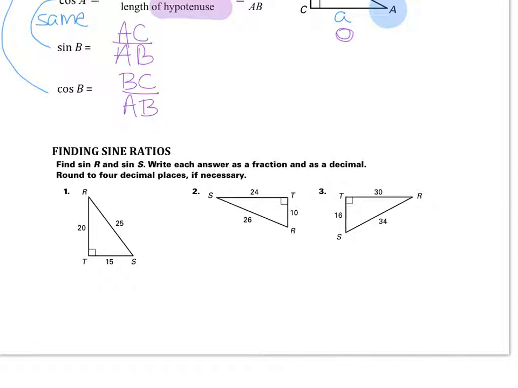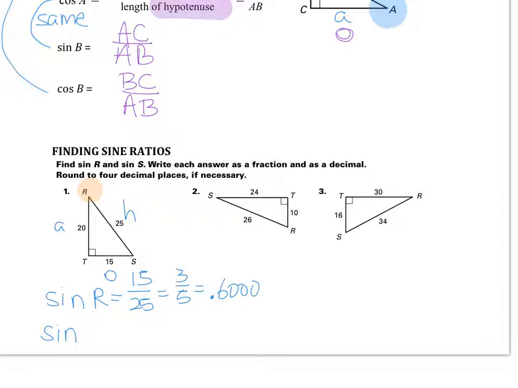Okay, we're going to find our sine ratios of R and S. So if I reference R first, here's opposite, adjacent, hypotenuse. So the sine of R, opposite over hypotenuse, most reduced form, and then decimal, 4 places.